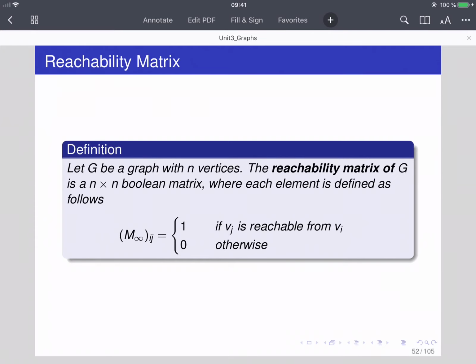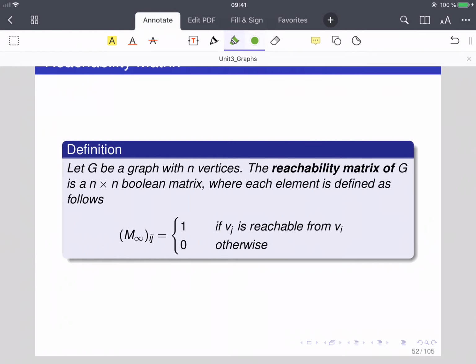So this is the matrix in which we have a 1 in position ij if there is a path from vertex i to vertex j, or to put it another way, if vj is reachable from vi.